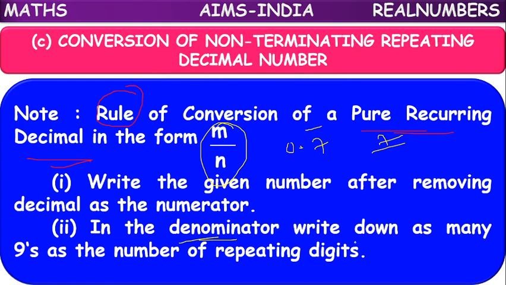In the denominator, write down as many nines as the number of repeating digits. How many digits are repeating here? Only 1. Means one 9 to be written in the denominator. So 7 by 9 is the answer. This is the rule of direct conversion of pure recurring decimal in the form of m by n.